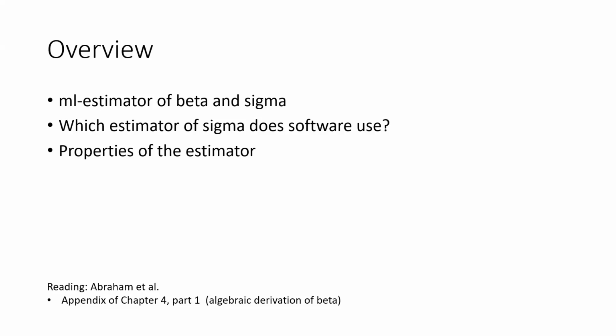The difference is in, do you divide by n to take the average, or do you divide by n minus the degrees of freedom, which is needed to make the estimator unbiased. And so there are these two estimators, and it turns out that software uses the unbiased, the sample variance estimator, not the maximum likelihood estimator. And that is already the second section, which estimator of sigma does the software use.